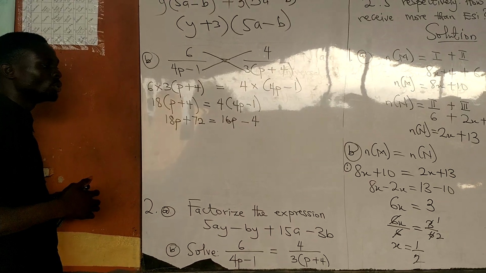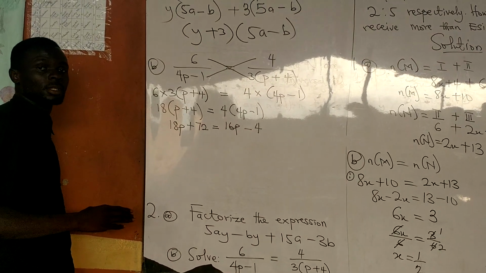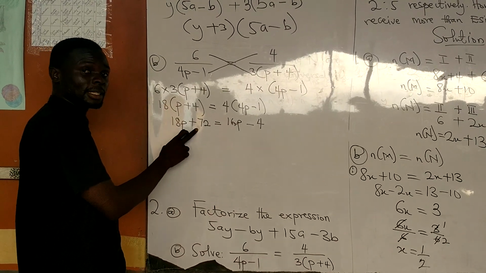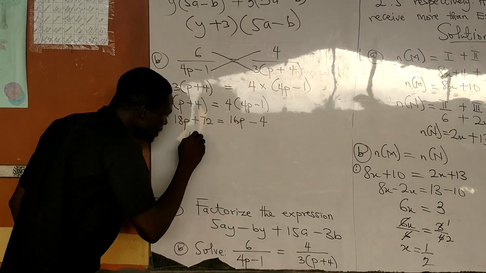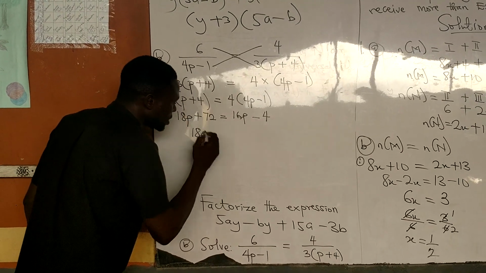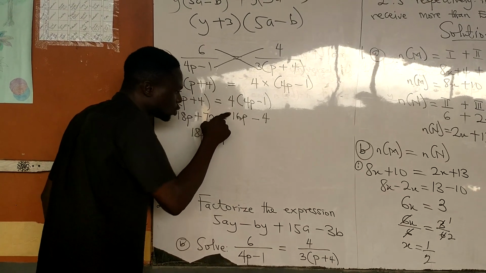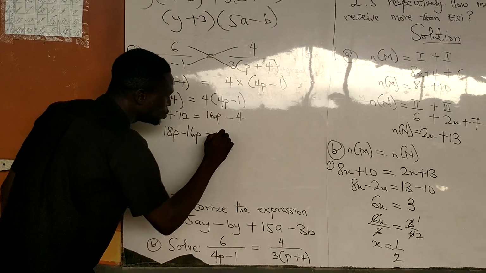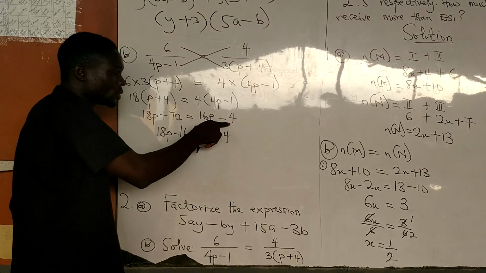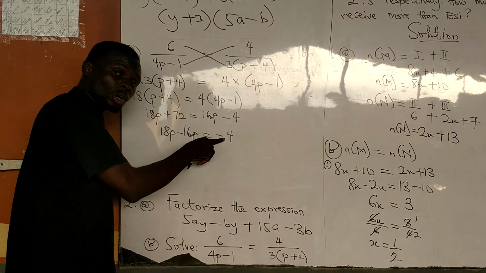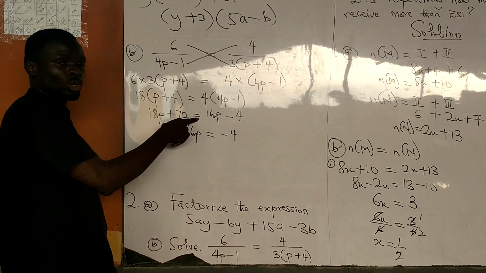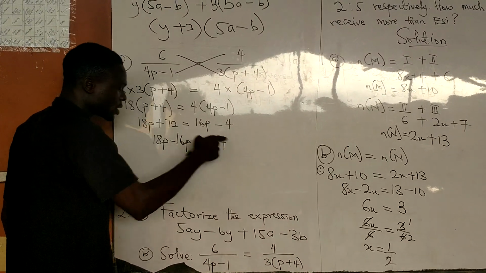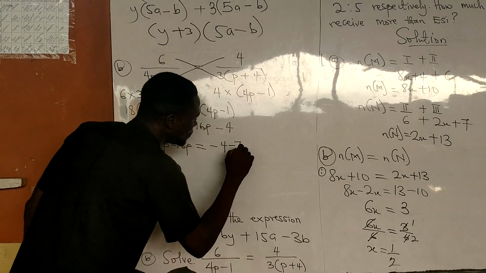So from here, you group like terms. P is here, P is here. So this one will cross to this side. So we are going to get 18p minus 16p because it was plus here, but when it crosses, it becomes negative, is equal to negative 4, because this one is still negative 4 as it hasn't crossed. So the 72 is rather going to cross, so negative 72.